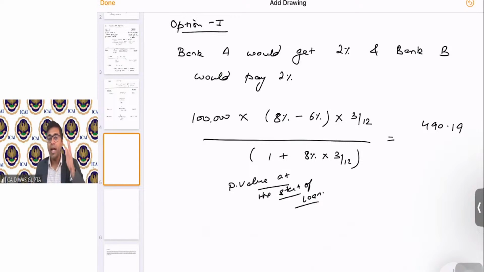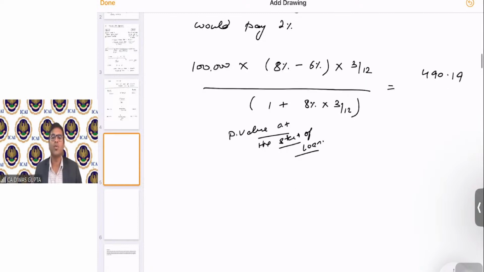So you are saying at first month, what is the value of this gain or loss that bank A will get and bank B will pay to bank A, which is 490.19 students. Because generally the settlement of this gain or loss will happen on the day when the loan starts. Clear, students? This is a market accepted norm.